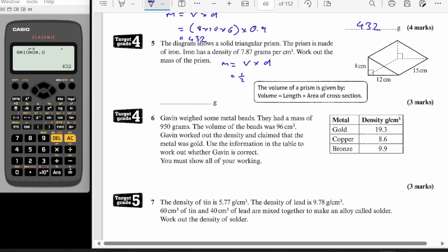So it's going to be half of 8 times 12 times 15 times the density, which was 7.87. I'm going to type it in just for shorthand. 0.5 times 8 times 12 times 15 times 7.87 gives us 5,666.4, and I'm going to give that as exact 566.4 grams.